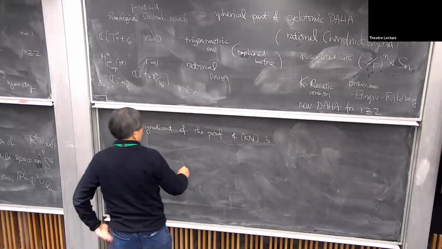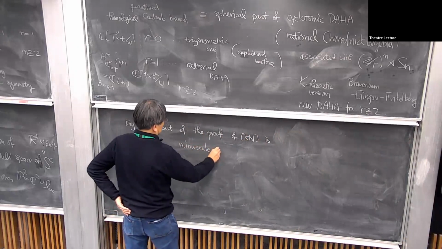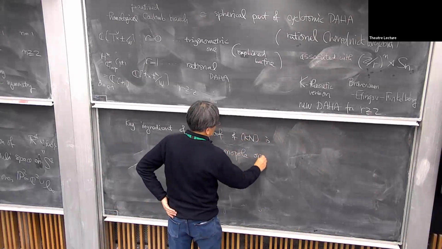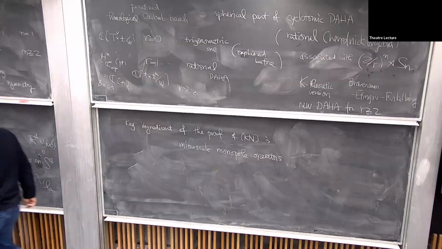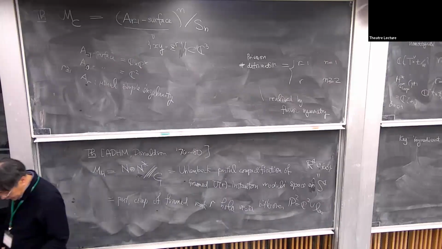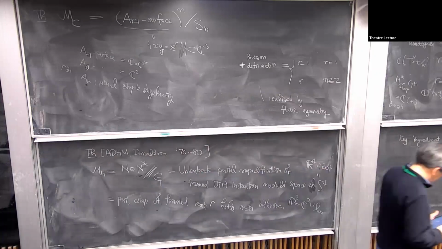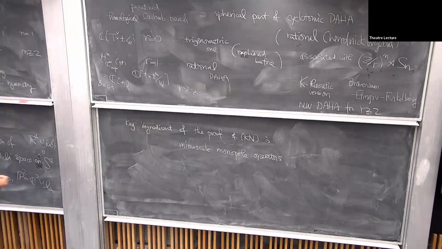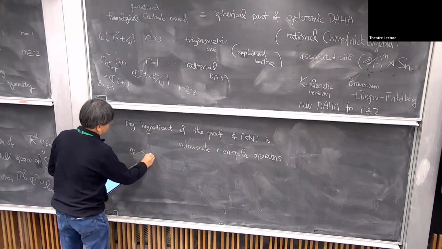It is minuscule monopole operators, which I think originally appeared in the physics literature. I'm not sure who was the first. But anyway, the point is, suppose lambda is a minuscule coweight.